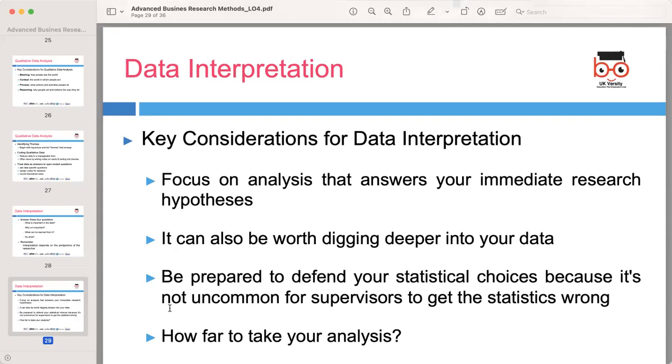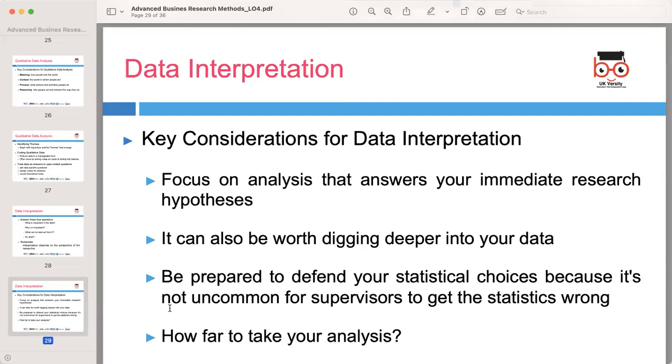First is to focus on analysis that answers your immediate research hypothesis. When interpreting data, it is important to stay focused on the specific research question or hypothesis you aim to address. This helps you avoid getting lost in the sea of data and ensures your analysis aligns with your research objectives.